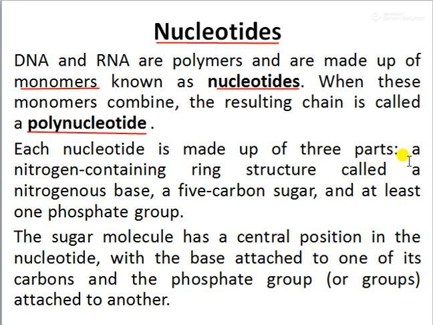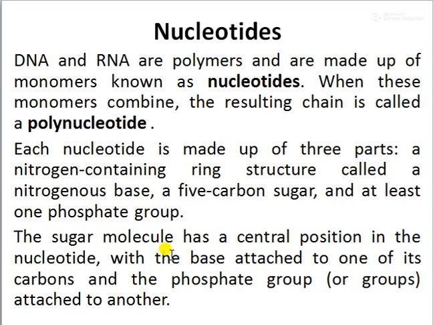This is important. The first one is the nitrogen base. The second one is the sugar, a 5 carbon sugar, and the third is a phosphate group. These three things, nitrogen base, 5 carbon sugar, and phosphate group, unite together to form a nucleotide.